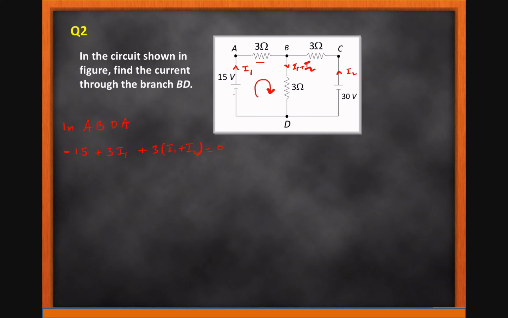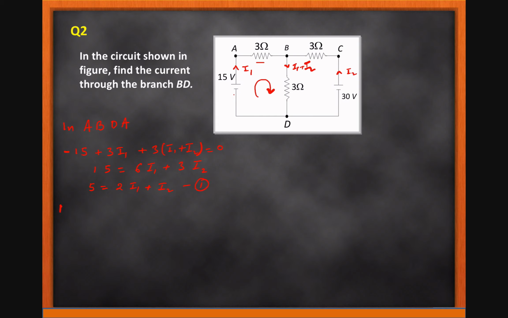If we solve it, we'll get 15 is equal to 6 I1 plus 3 I2. If we divide the whole equation by 3, we will get 5 is equal to 2 I1 plus I2, equation number 1.